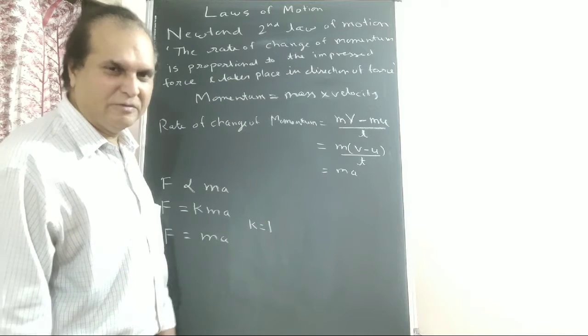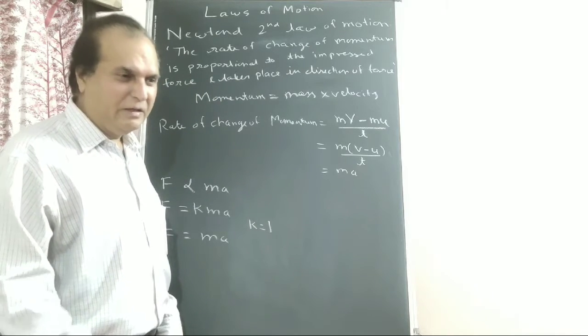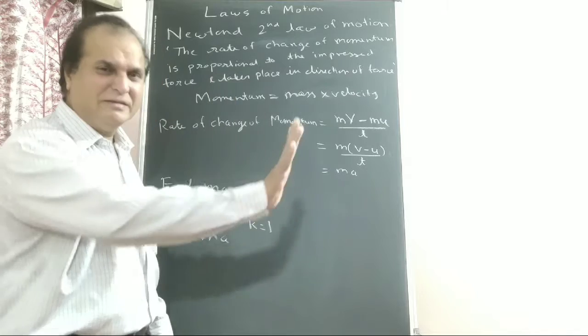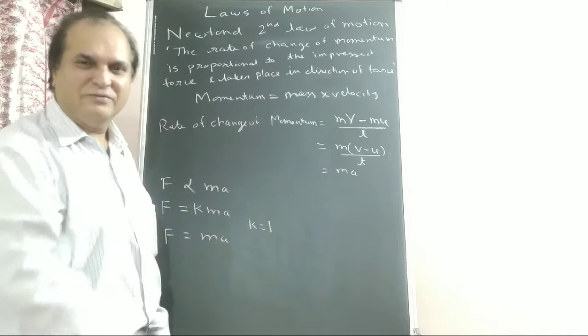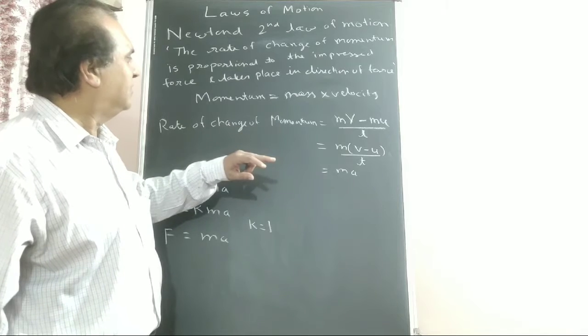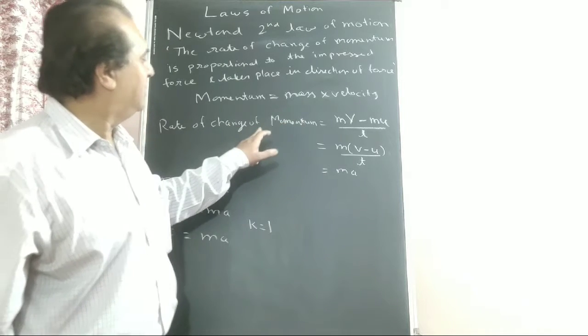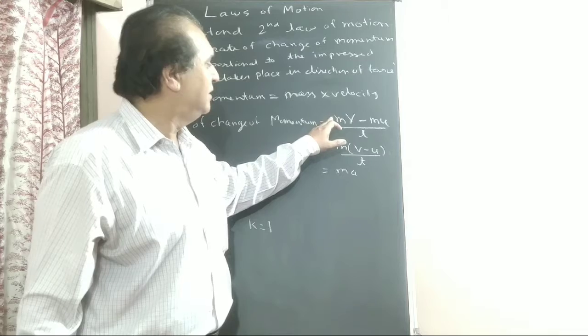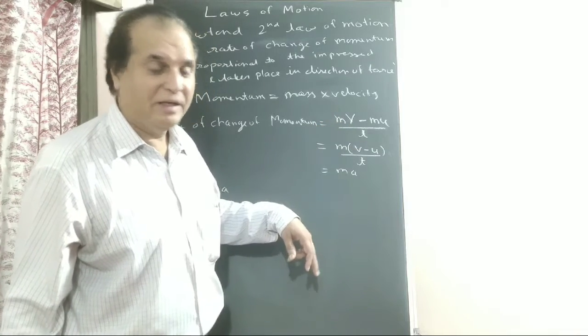Rate of change. Getting with a great force and a fast force. So the rate of change of momentum: first, the change in momentum is final momentum minus initial momentum.